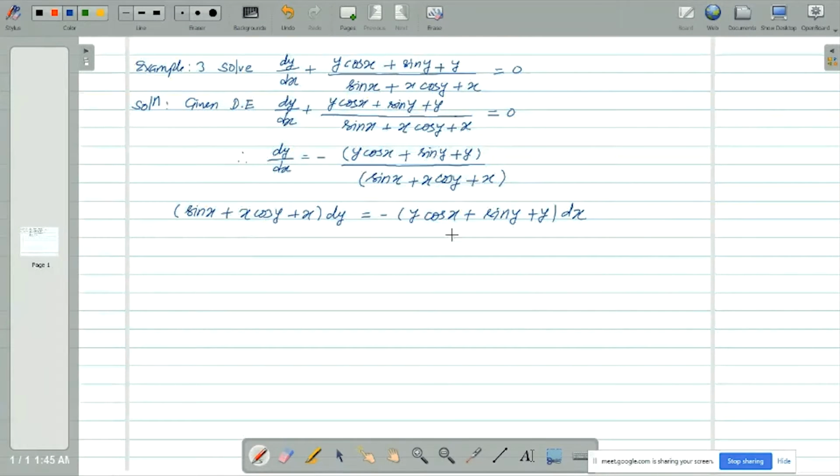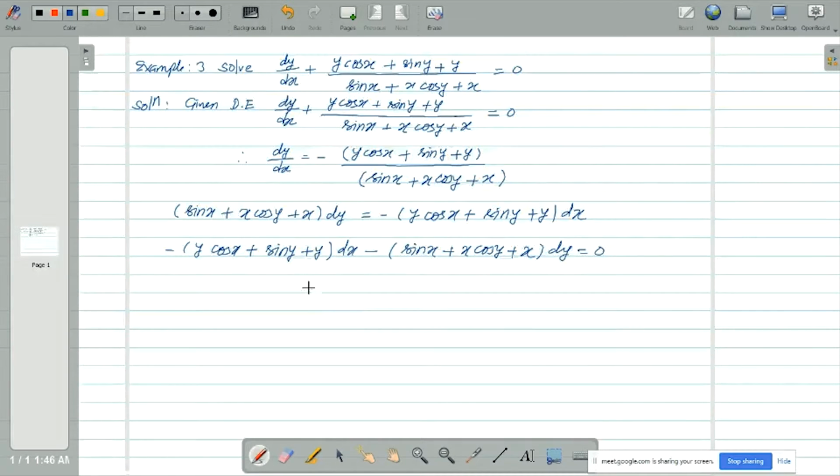Now shifting this to that side, this becomes minus (y cos x + sin y + y) dx, and this will become minus (sin x + x cos y + x) dy equal to 0.